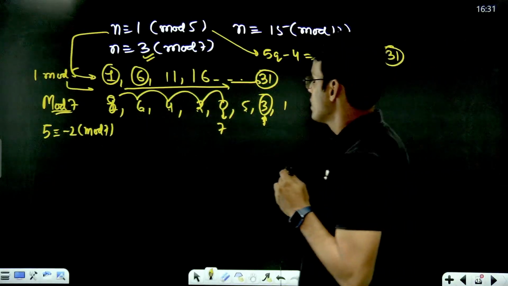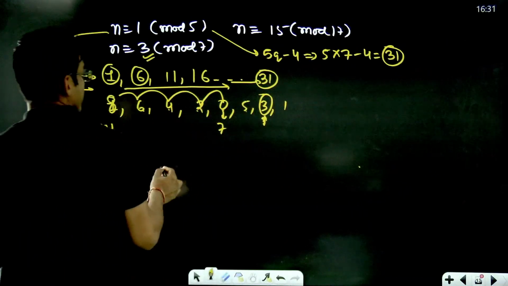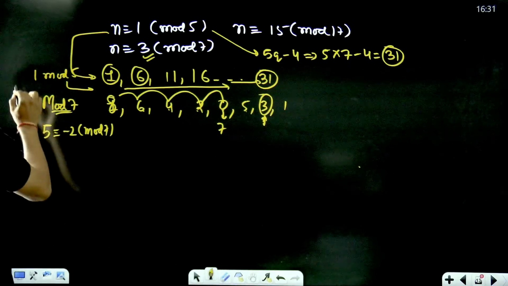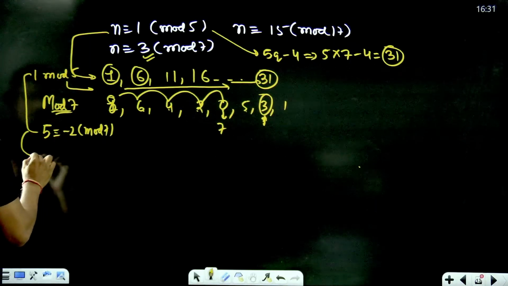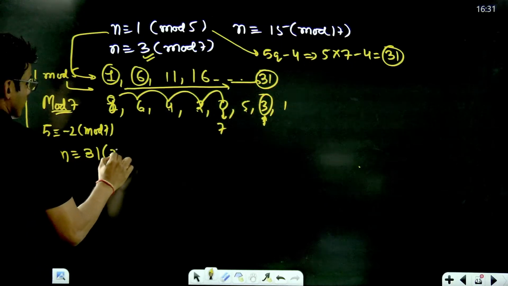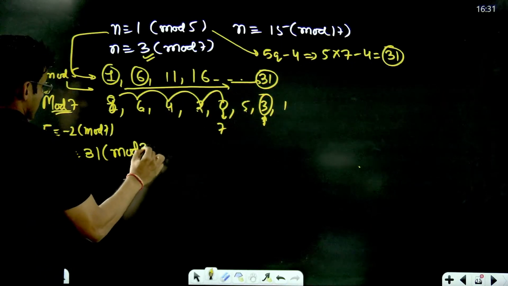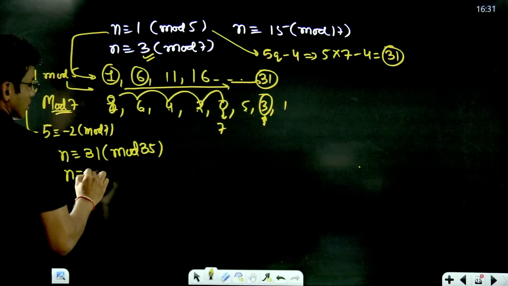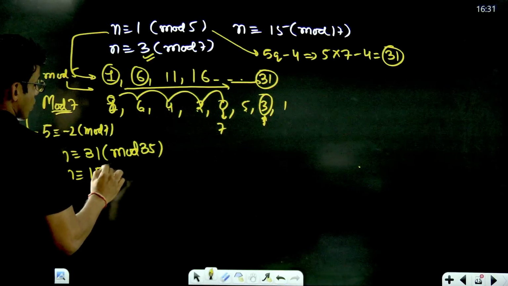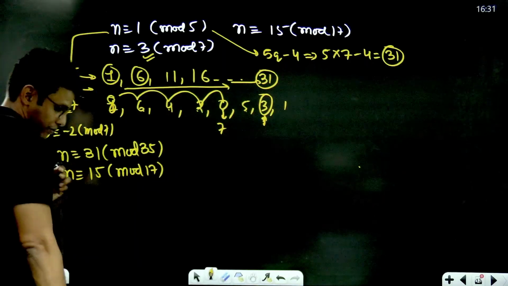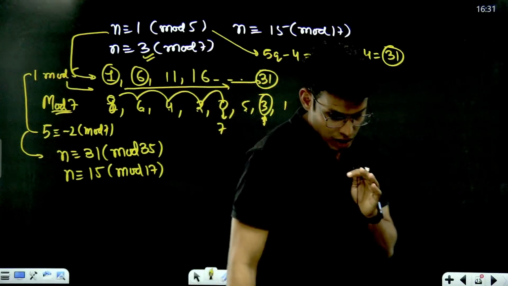Now let's see. I have 31. Now my congruences are 31, 5, and n is congruent to 15 mod 7.